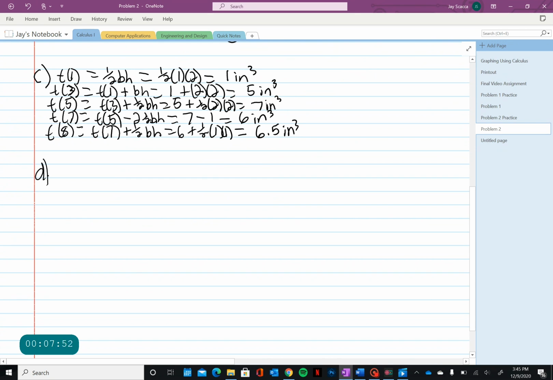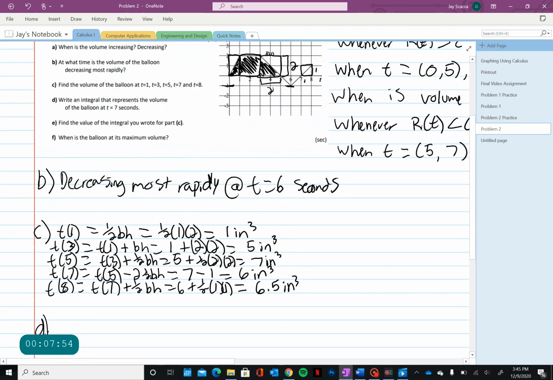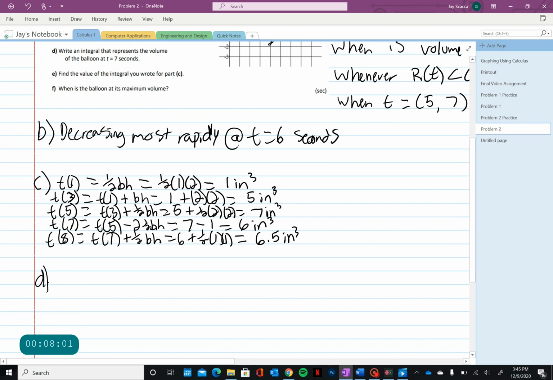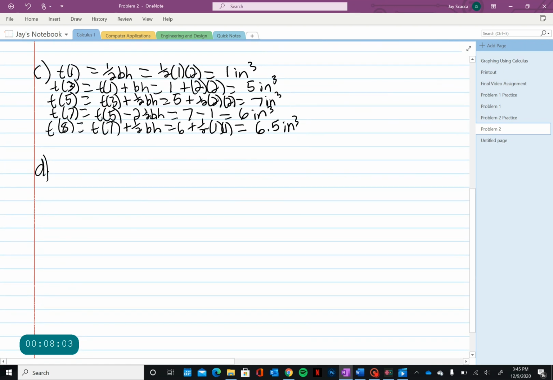Now for D, it's asking to write the integral that represents the volume of the balloon at t equals 7 seconds. So we can write it like this, from 0 to 7 seconds.